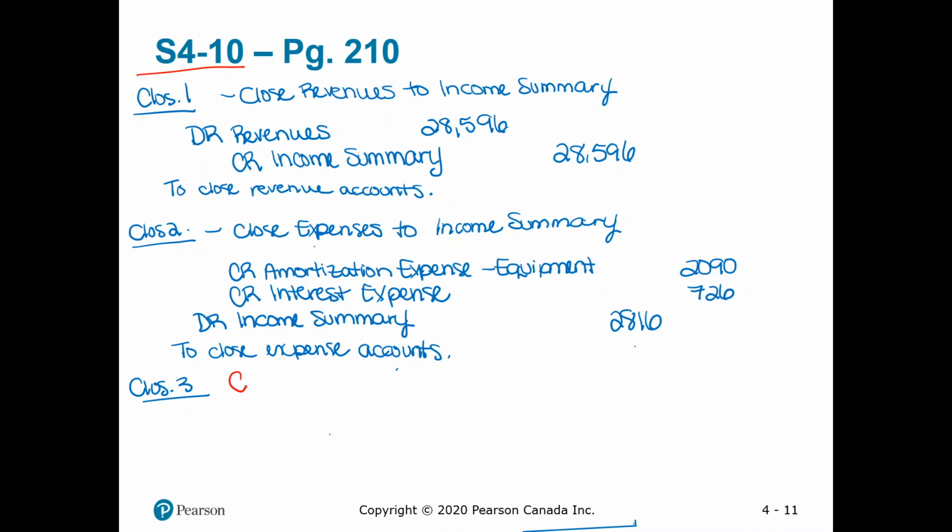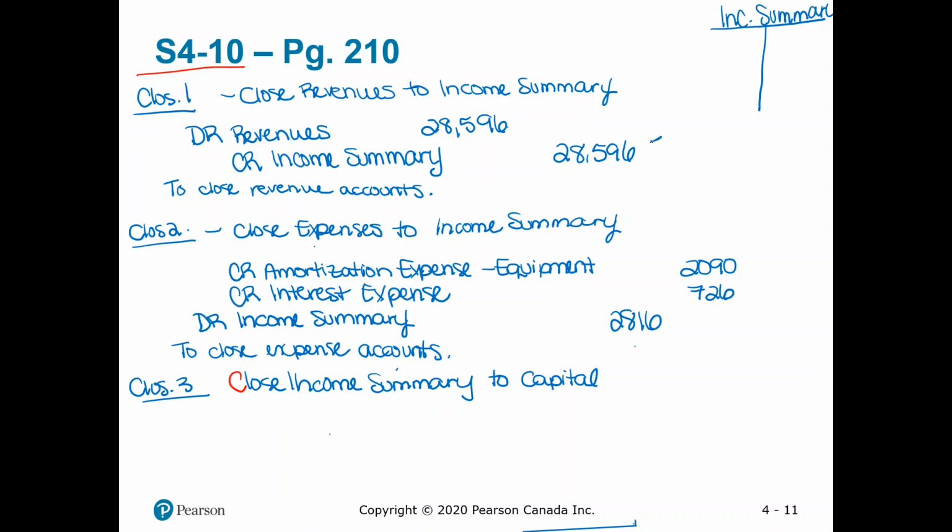So we're going to close the income summary account. The account we've just created, we close that to the capital account. What I always like to do when I get to step 3 is just quickly do a T account so I know what's left in the income summary. So if I do this up here, this is my income summary.